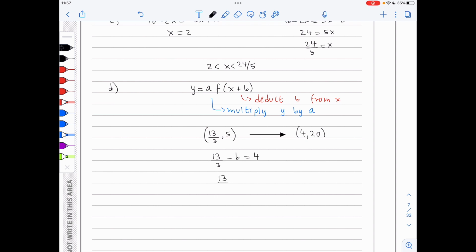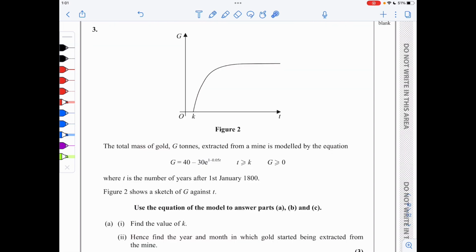So 13/3 minus 4 is b, which makes b a third. And we also know that the y value got multiplied by a, and therefore we've got 5a is 20, which makes a 4.